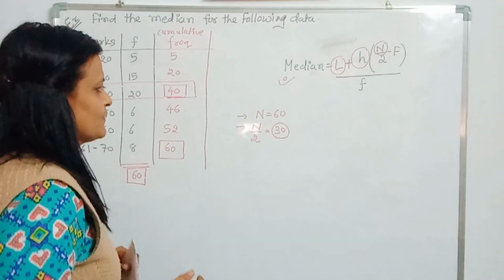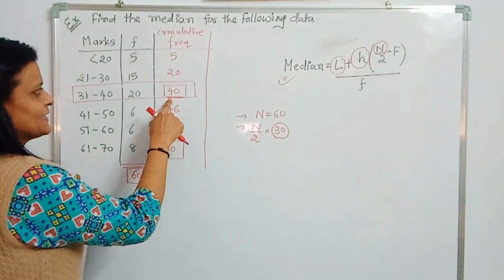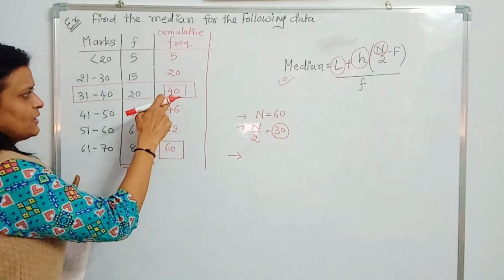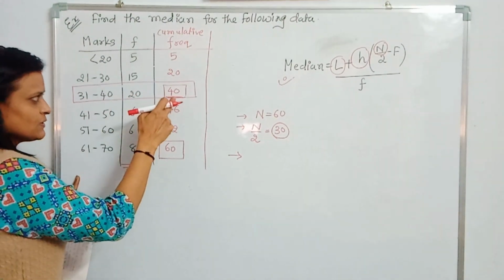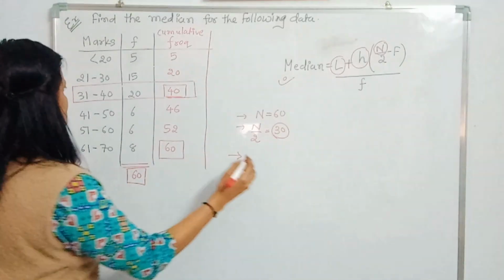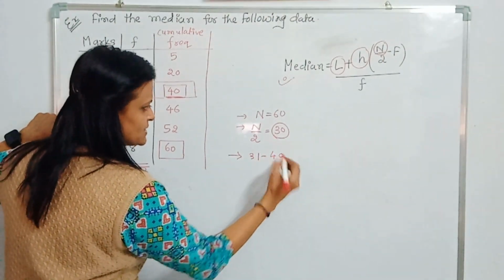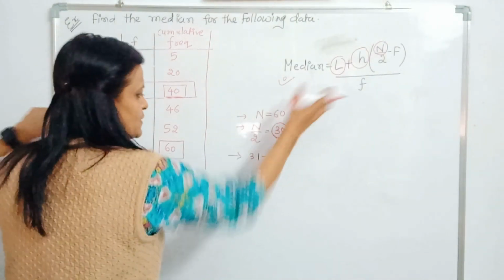So our third row will be of our interest. Next, we will find the interval corresponding to this selected cumulative frequency. The interval which corresponds to the cumulative frequency 40 is 31 to 40. Now how will this be useful in this equation?